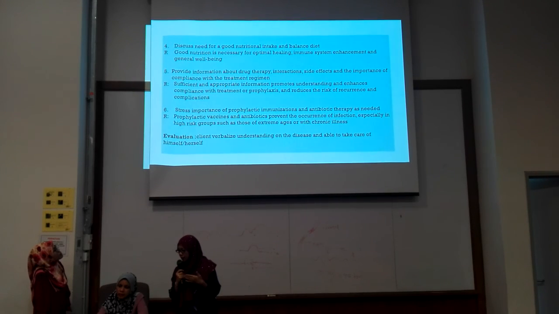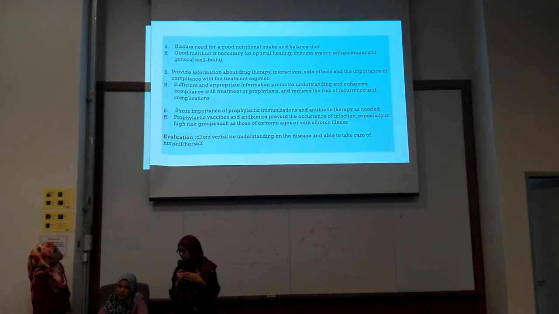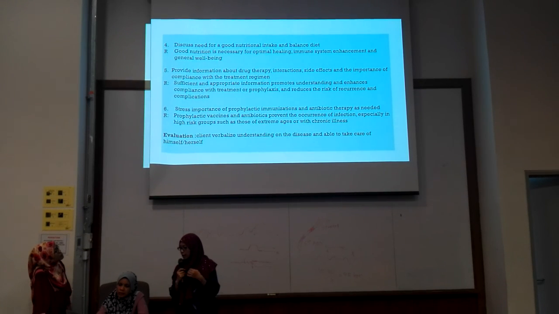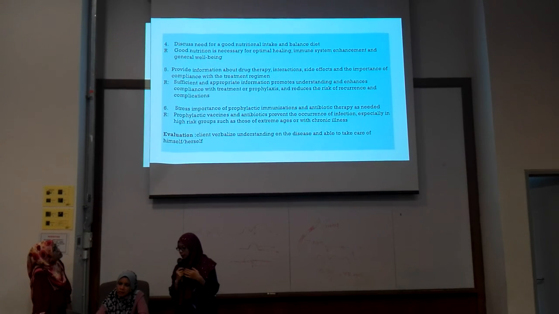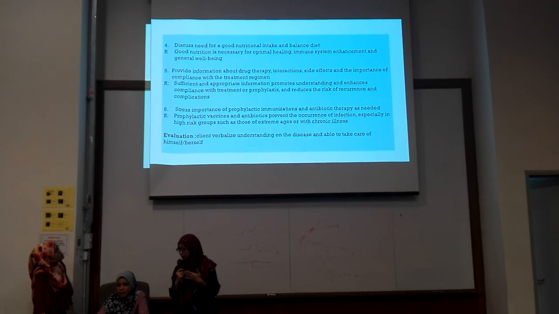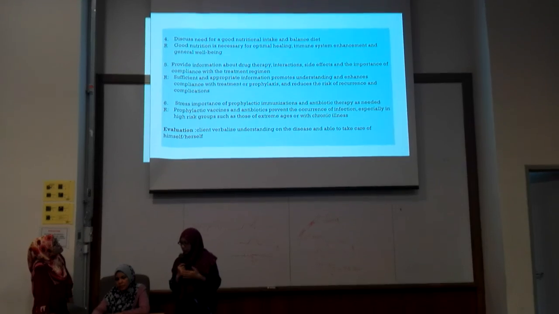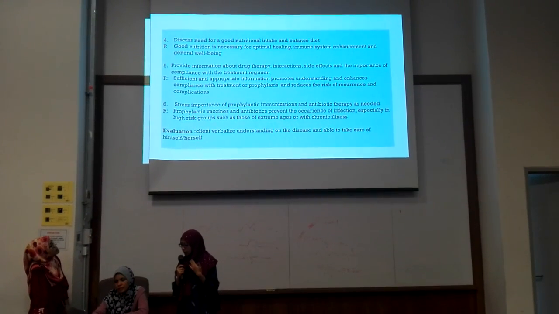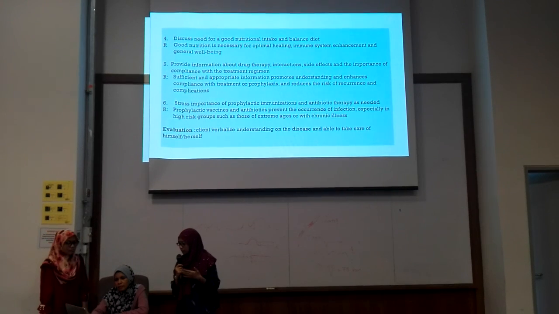Number 6, stress importance of prophylactic immunization and antibiotic therapy as needed. Prophylactic vaccines and antibiotics prevent the occurrence of infection, especially in high-risk groups such as those of extreme age and chronic illness. For the evaluation, client verbalizes understanding of the disease and is able to take care of himself or herself.